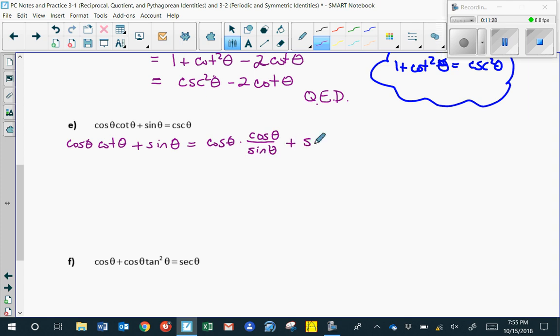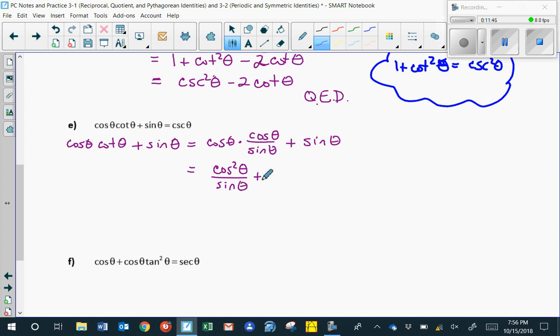And there's not much I can do with sine of theta for the time being. Okay, so when we multiply cosine of theta times cosine of theta over sine of theta, that gives us cosine squared of theta over the sine of theta.